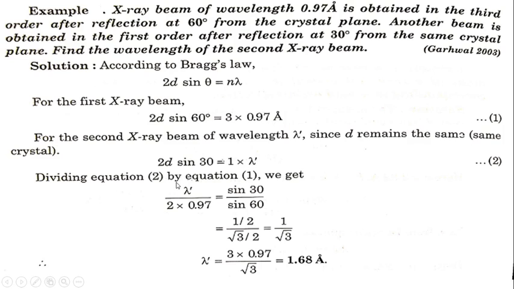So dividing equation 2 by equation 1, we get lambda dash upon 3 into 0.97 equal to sin 30 upon sin 60, and therefore that is equal to 1 by 2 upon root 3 by 2 is equal to 1 upon root 3, and so lambda dash equal to 3 into 0.97 upon root 3, and that is equal to 1.68 angstrom. That is the value of lambda dash.